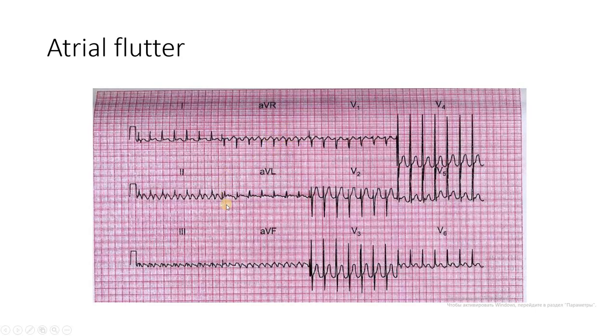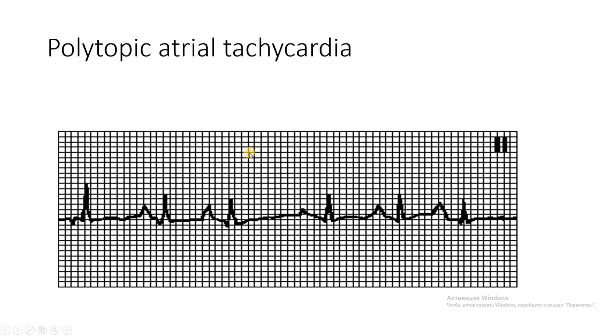If in atrial fibrillation RR distance different, in atrial flutter we can see RR distance same. Polytopic atrial tachycardia, we say this because shape and size of P waves different.